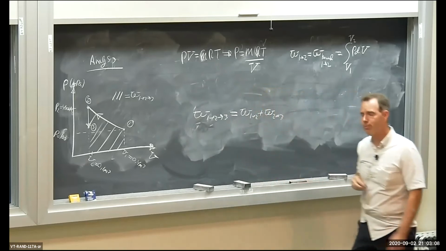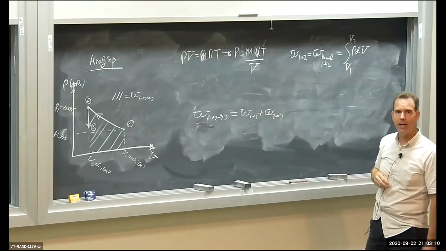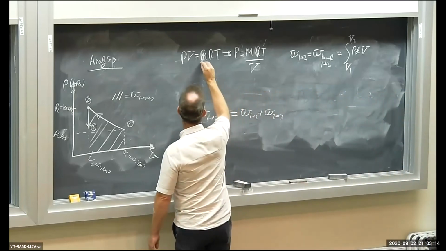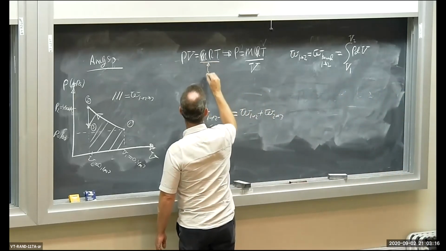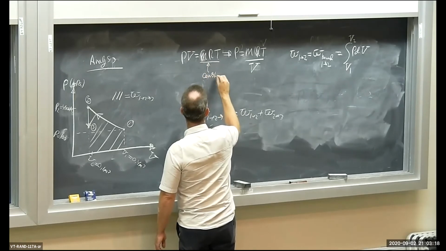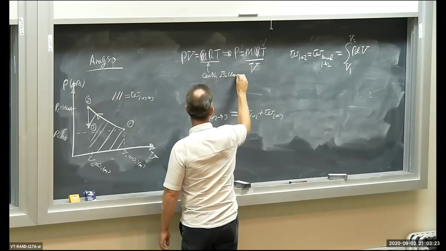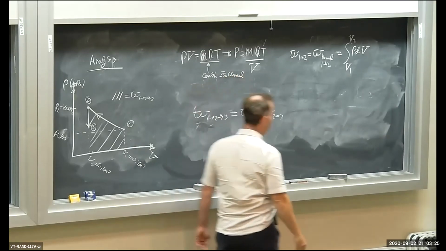So what I'm going to do is the following. I'm going to take advantage of the fact that this is an isothermal process. That means that this quantity here is a constant because it is isothermal. That whole term is a constant.